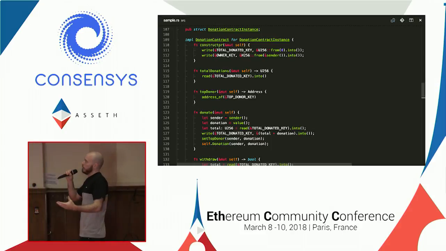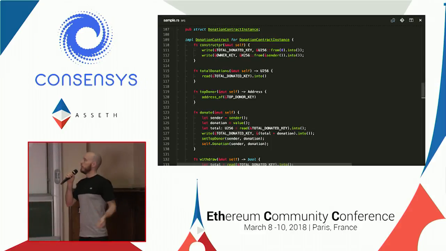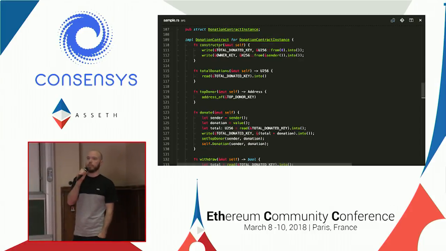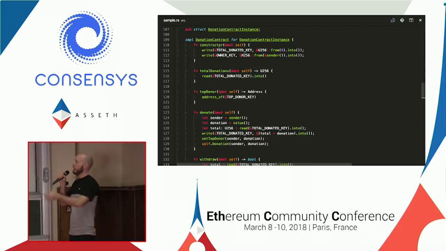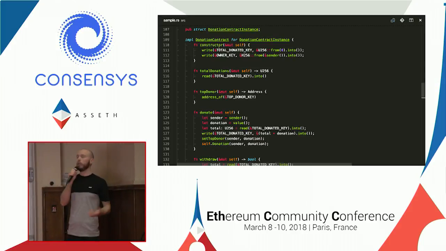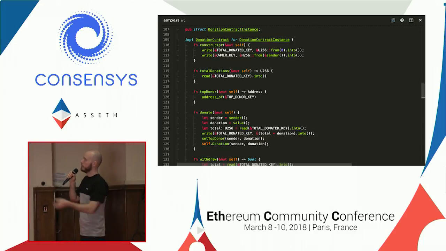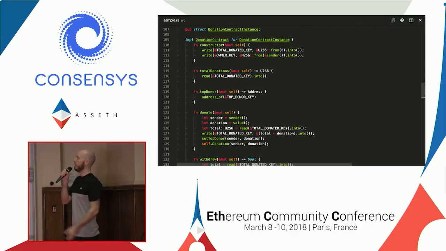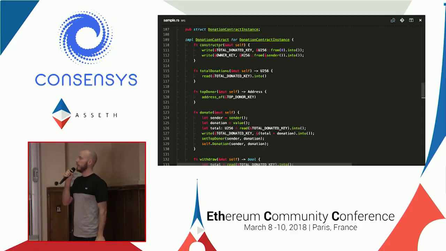This is what the implementation looked like. We declare a struct that is a donation contract instance. We implement the donation contract trait for this instance. And we have a constructor that gets called when the contract is deployed and only when it's deployed. The total donations reads from this key that we previously set and returns the value.